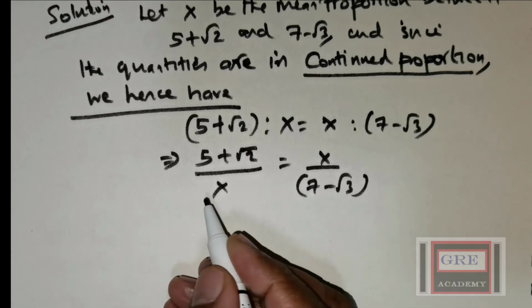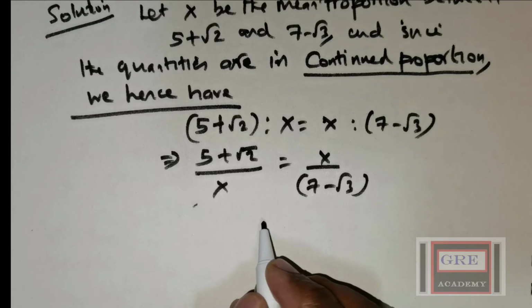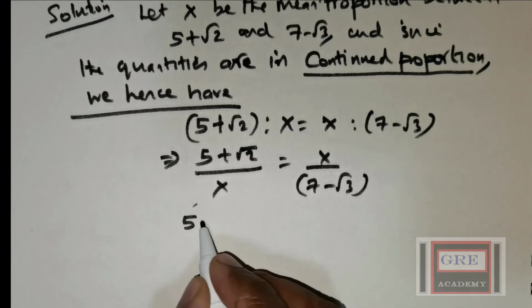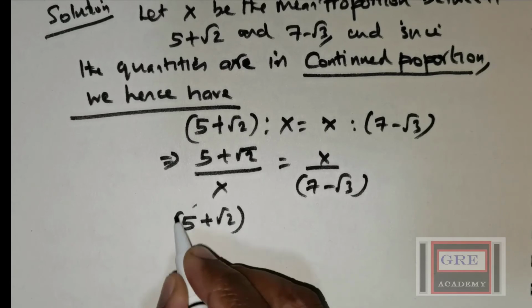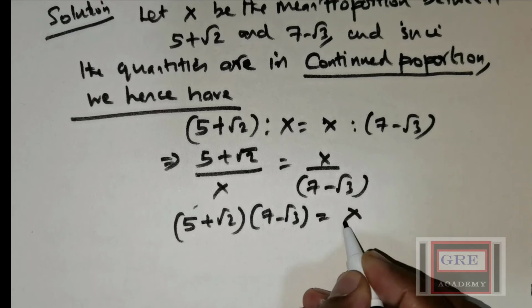Now if I were to cross multiply, I would get (5+√2) multiplied with (7−√3) is equal to x².